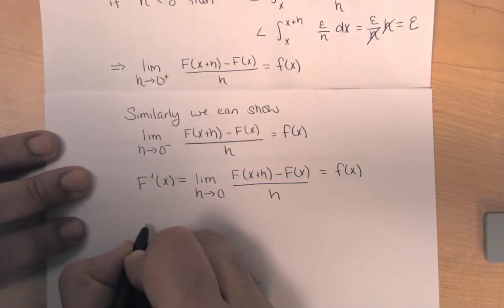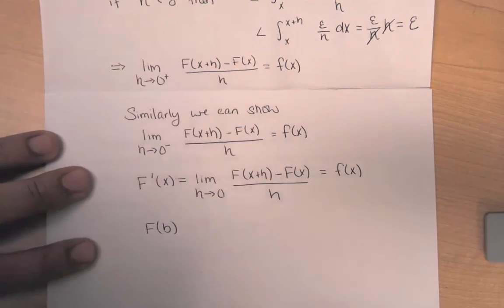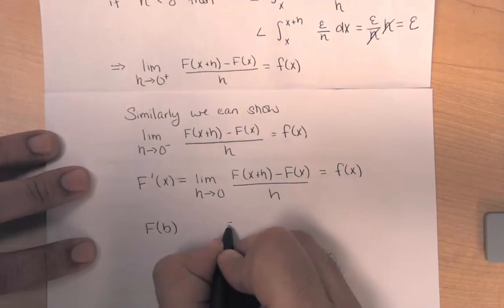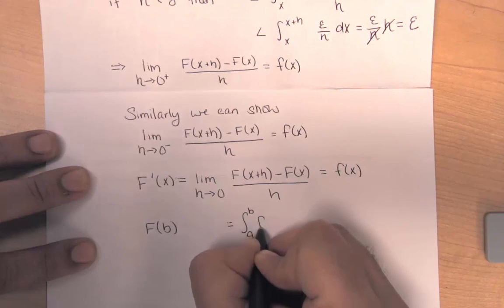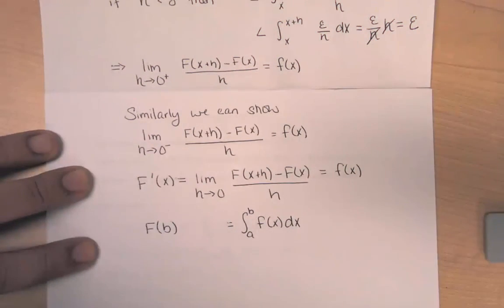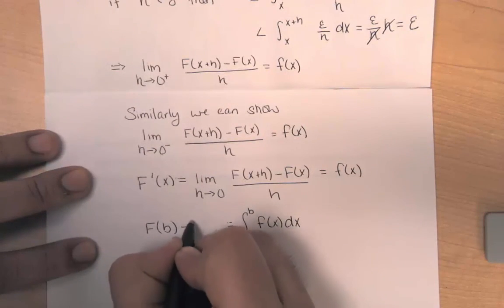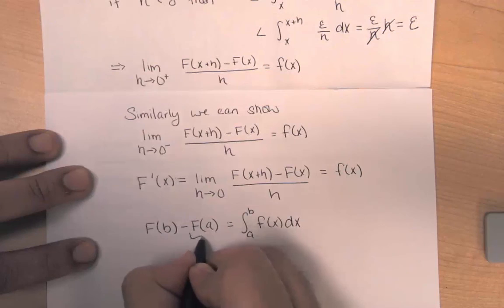Furthermore, F of b is the integral from a to b of f of x dx by construction. And I can subtract from that F of a because F of a is 0.